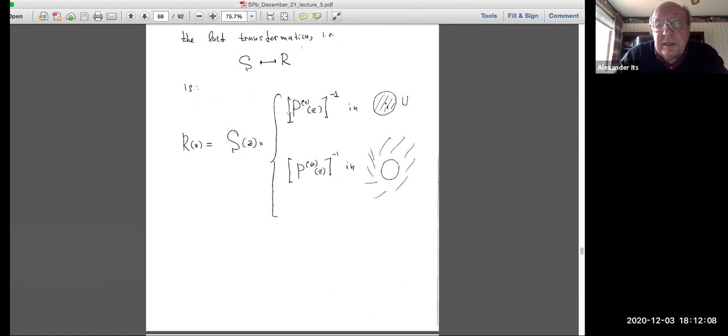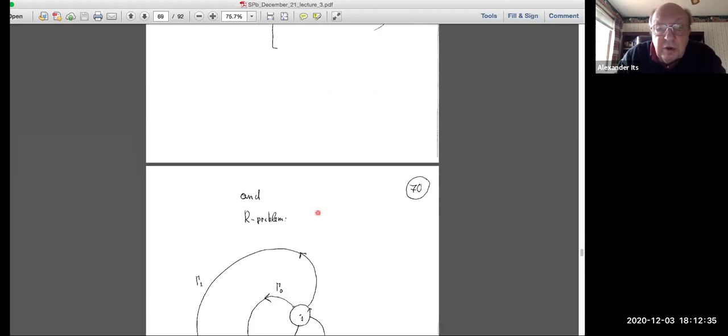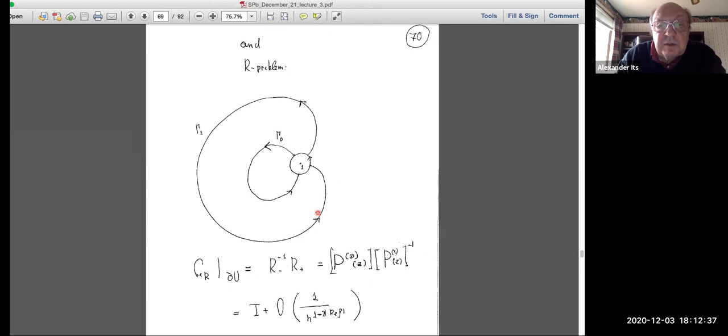I take S and divide by P1 in U. I take S and divide by P infinity outside of U. But this function R would not have any jumps inside U because they cancel. And outside of U, it would not have any jumps on the unit circle because again it cancels. So what are the jumps for R?